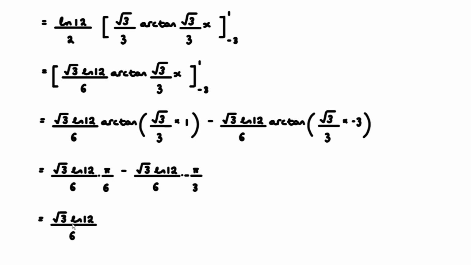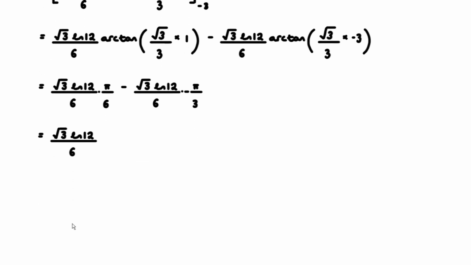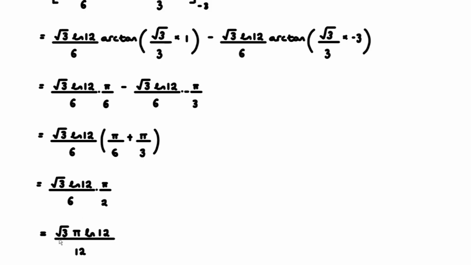And if I factorise out root 3 times the natural log of 12 over 6, inside the bracket we would have pi over 6 plus pi over 3. Notice we've got the minus and the minus, which give the plus. And pi over 6 plus pi over 3, that is pi over 2. So I've got root 3 times the natural log of 12 over 6 times pi over 2, and therefore this would simplify to root 3 pi times the natural log of 12 over 12.